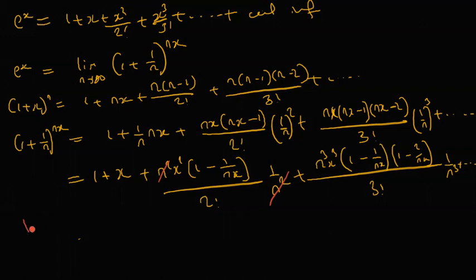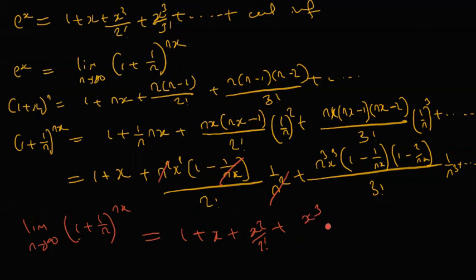So the limit when n goes to infinity of 1 plus 1 over n to the power of nx is equal to 1 plus x first of all, plus x squared, because this goes to 0, so this is x squared over 2 factorial plus x cubed over 3 factorial plus up until x to the n over n factorial, and we go to infinity, right?